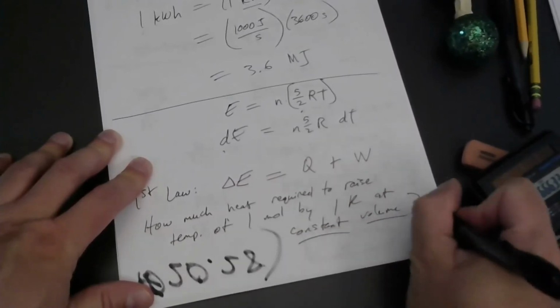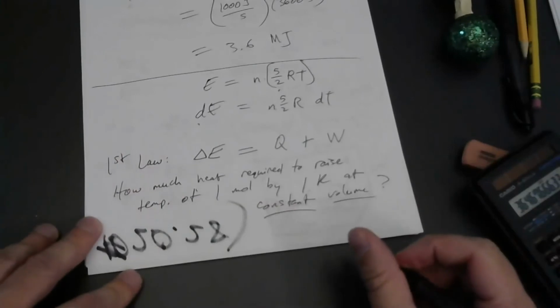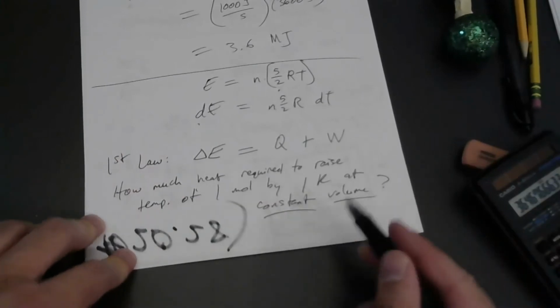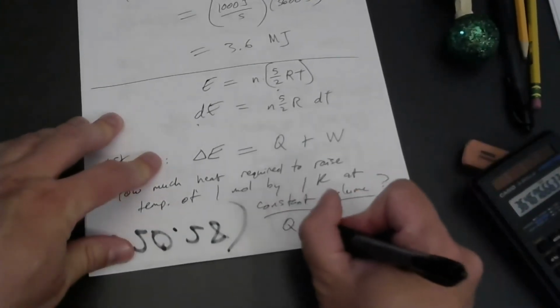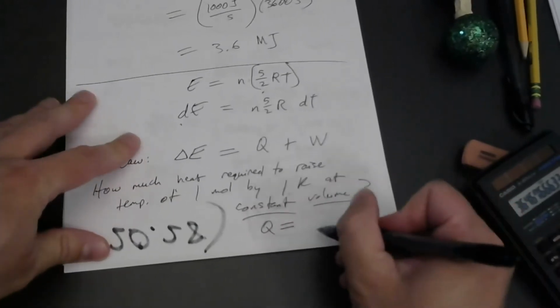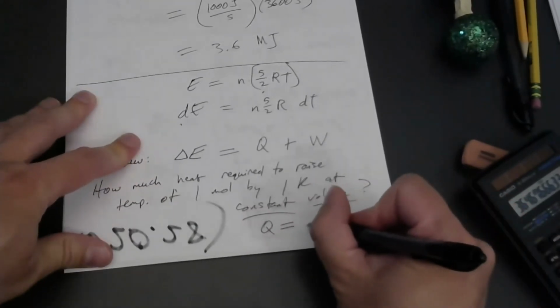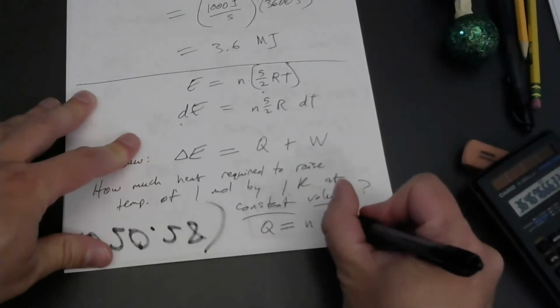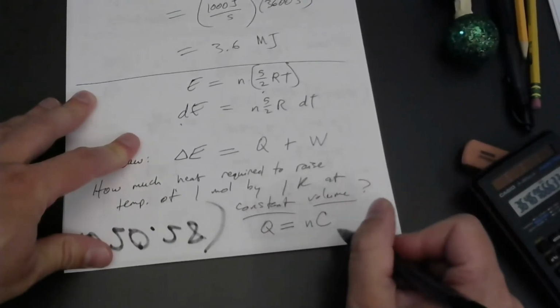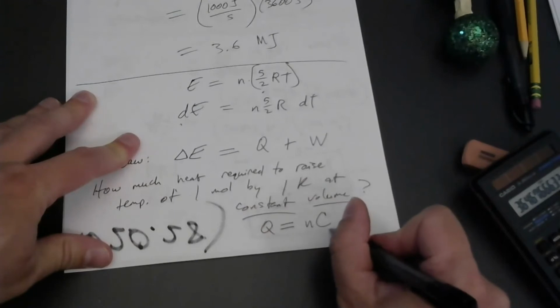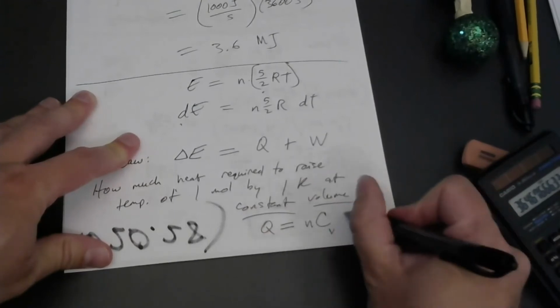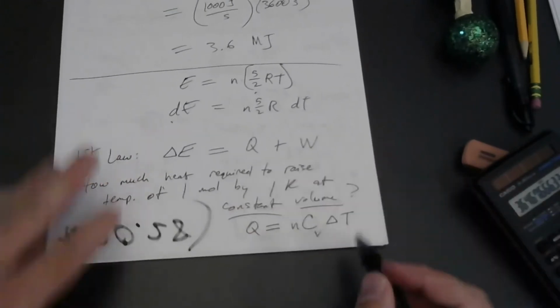So by definition, this is the constant volume molar heat capacity. So we say that the amount of heat required would be the number of moles times the molar heat capacity at constant volume times the change in temperature.